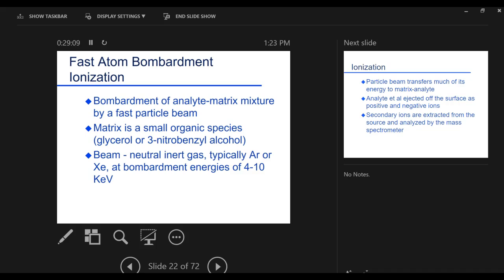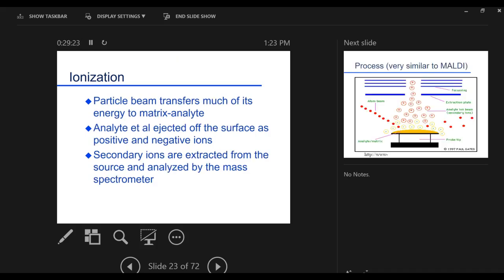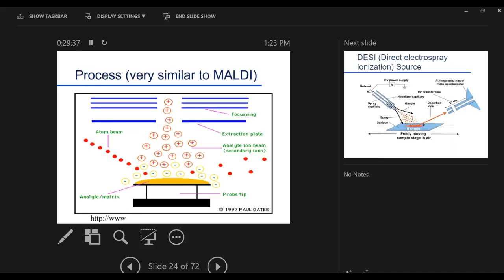The matrix could be glycerol, nitrobenzene. My high energy comes from argon or xenon. So argon and xenon are what we bombard, and that's what carries the energy. Most of the energy goes to the matrix, exploding the matrix, but some of it does attach onto our analytes, and basically we get to measure them in the process.